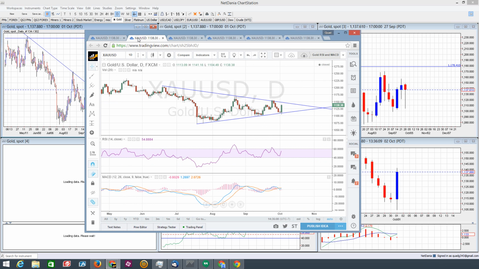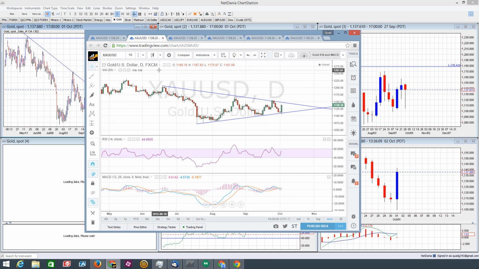Let's move along. Here is the RSI and the MACD all together on one chart. Also want to point out that the price is being batted back and forth between these two key trend lines here. The lower trend line has been tested once, twice, three, a fourth time, which didn't break down.